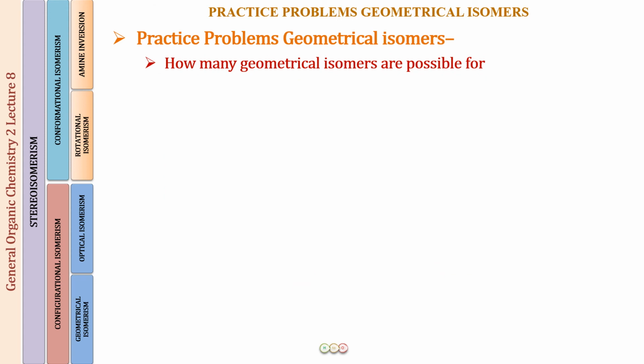Now the next question: how many geometrical isomers are possible for this structure? Now what is this? Well, this is a spirocyclic compound, and similar to the allenes and the cumulenes are the spirocyclic compounds. We learned it in the last lecture as well. If this ring is in the xy plane, the next is going to be in the yz plane, and this will be again in the xy plane.